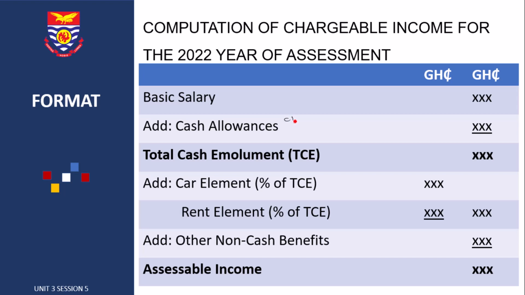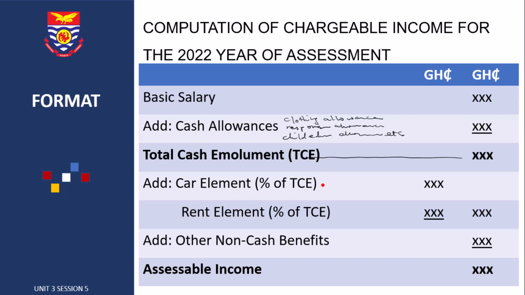So you can have clothing allowance, responsibility allowance, child education allowance, etc. When we add all these allowances plus our basic salary, we get what we call total cash emolument. Then we bring the car element and the rent element.